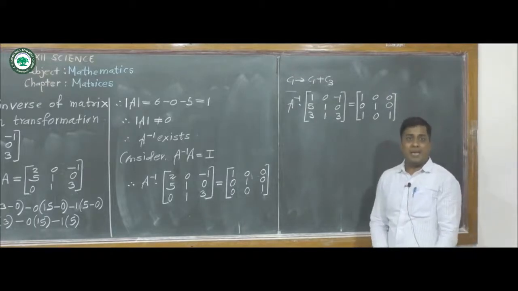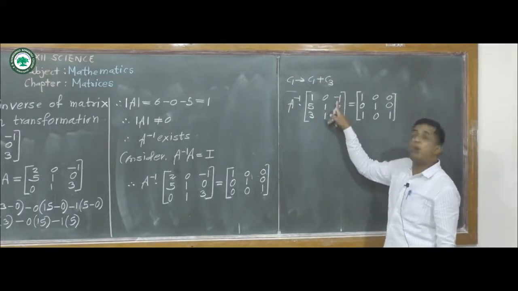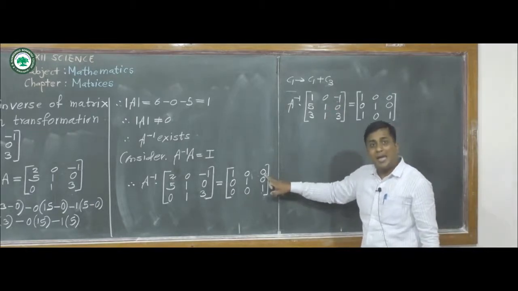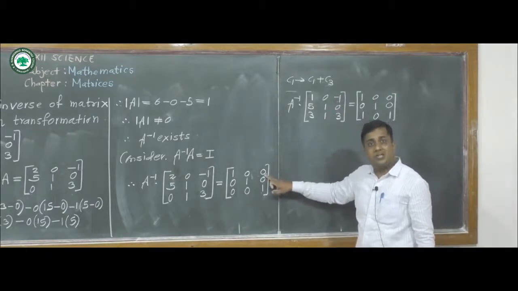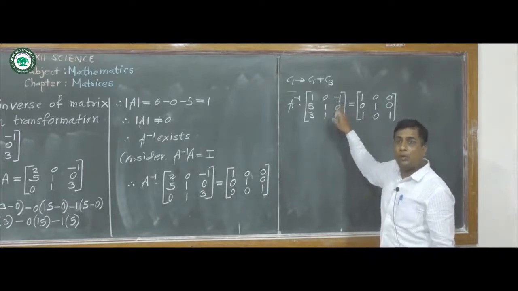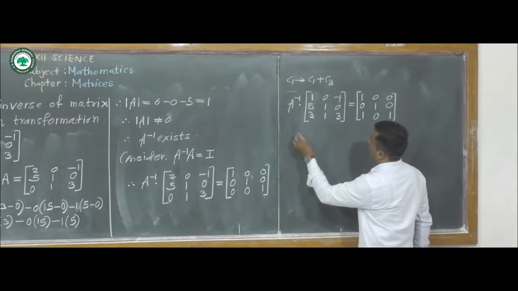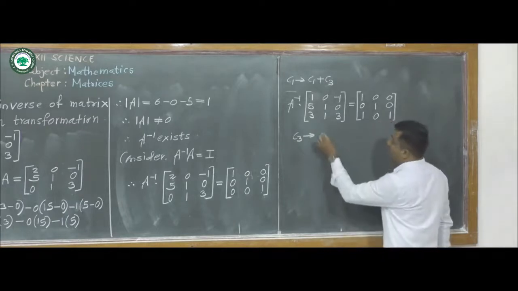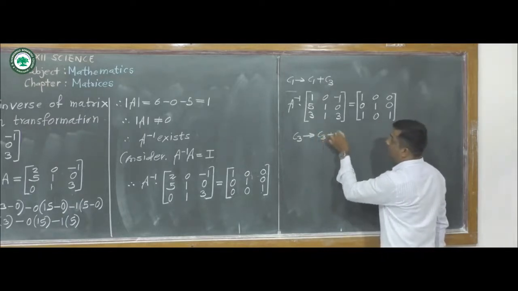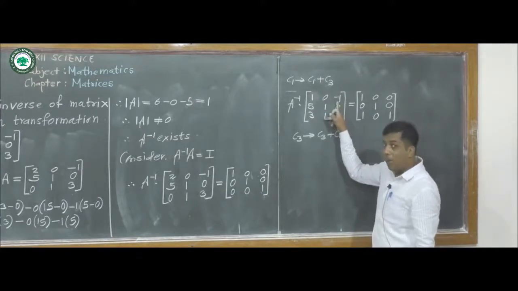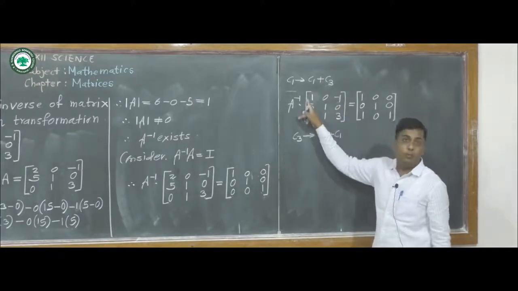In the next step we have to make this minus 1 into 0, since in position A1,3 we need 0. To reduce this we perform the transformation: the change is in C3, and it is C3 plus C1. That is, we add this minus 1 with this 1, then we get 0.